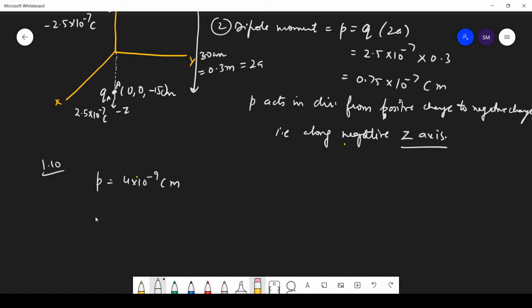If this is the direction of the electric field, then the dipole moment, which is from positive charge to negative charge, is in this direction. So it is making an angle of 30 degrees, so theta is equal to 30 degrees here, and the magnitude of the electric field is 5 × 10⁴ newton per coulomb.